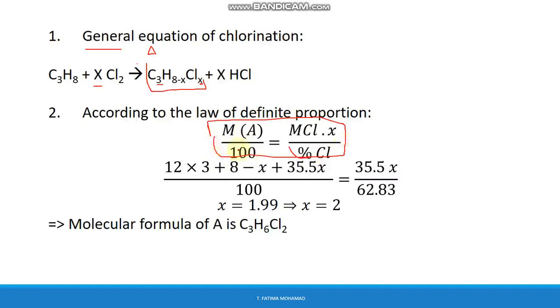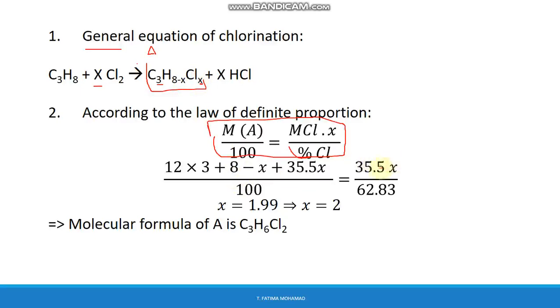So the molar mass of A, what do you have? 3 times 12, because the molar mass of C equals 12, plus 8 minus X, because the molar mass of H is 1, so directly 8 minus X, plus 35.5 X. The molar mass of Cl is 35.5.